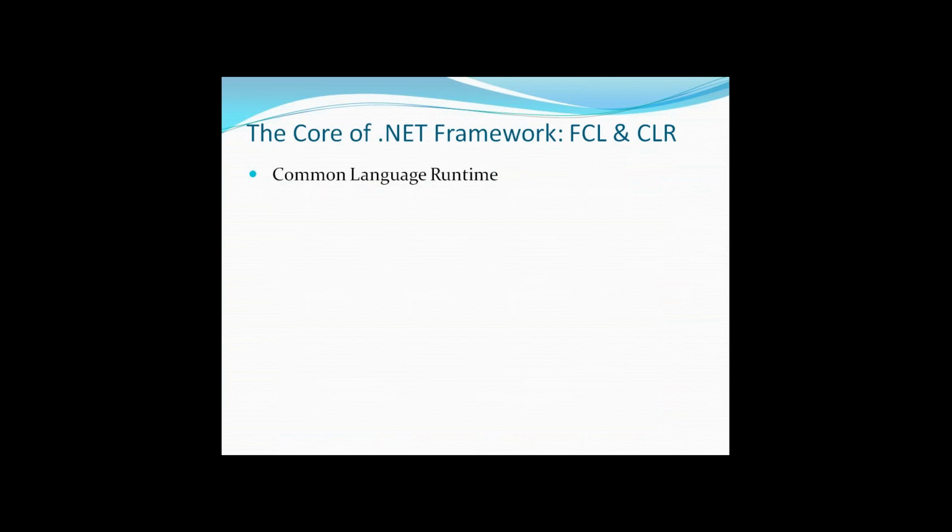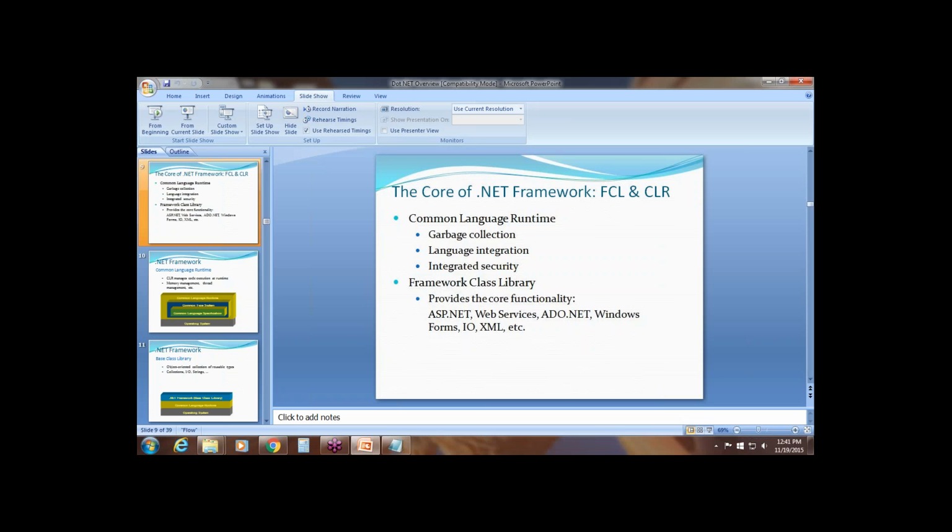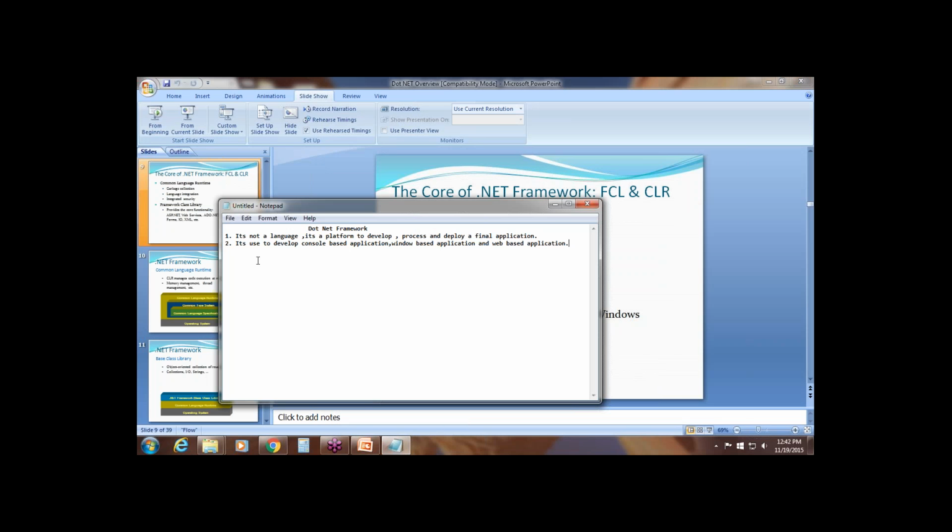Now the next one is the core of .NET framework, FCL and CLR. Now what is the work of the CLR? If you can see this PPT presentation, here are the 3 points. CLR provides garbage collection, language integration and integrated security. Now what is meant by garbage collection?